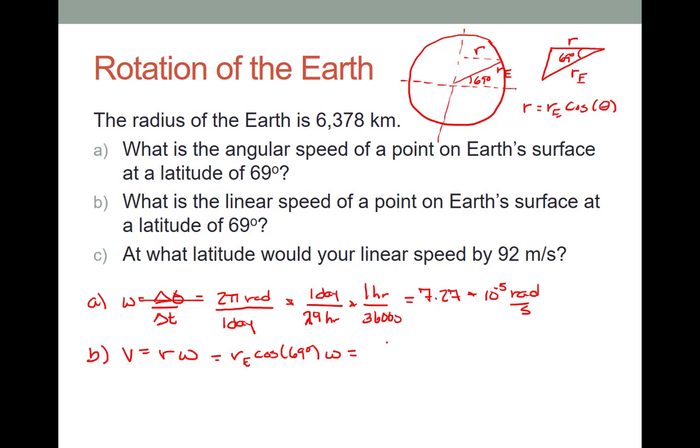We're told the radius of the Earth is 6,378 kilometers, doing a unit conversion to meters, times the cosine of 69 degrees, times 7.27 times 10 to the minus 5 radians per second. That gives that the velocity, how fast a point on the surface at this position is moving, equals 166.2 meters per second.